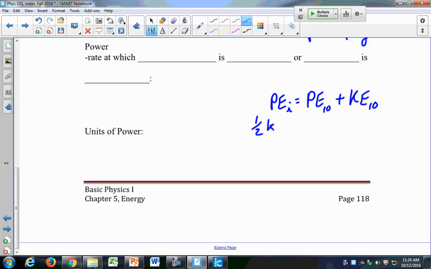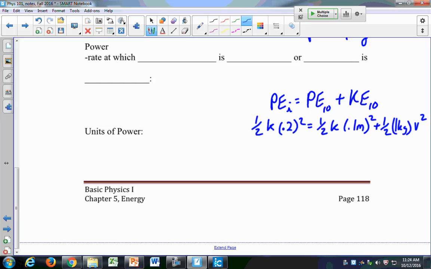That was 0.2 meters squared equals 1/2 k times 0.1 meters squared plus 1/2 of 1 kilogram times v squared. And then I solve for v. k was 1200.